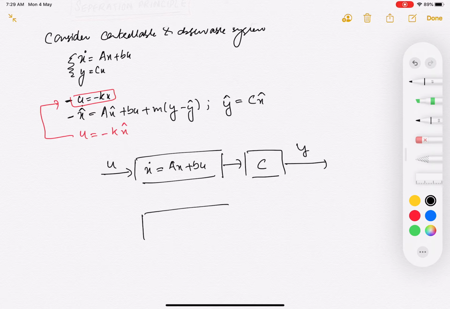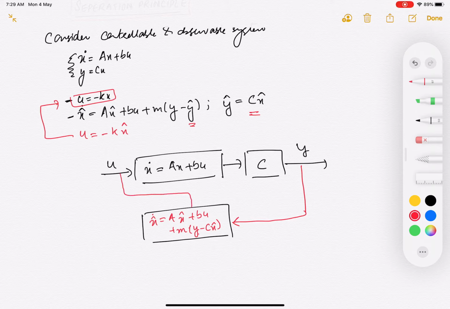And here you have an observer which is x hat dot is equal to A x hat plus Bu plus M (y minus C x hat). Please remember that your y hat is C x hat, and you're taking this y input from here for the observer because this is one of the inputs going into the observer, and you're taking this u input as well because this is another thing going into the observer.